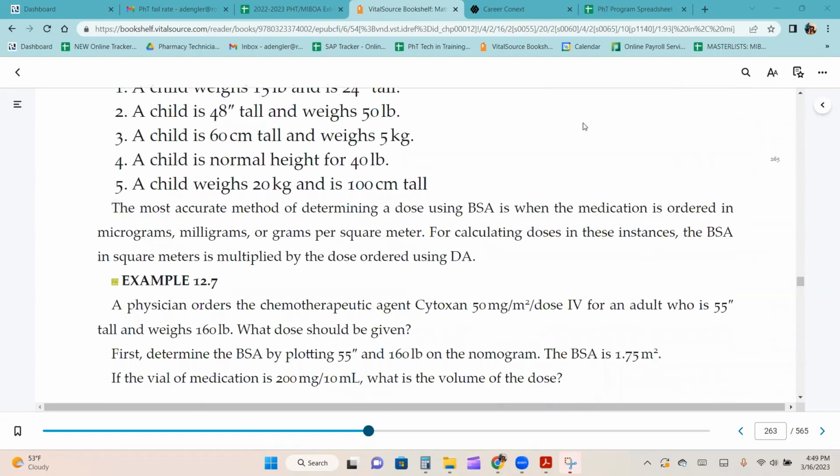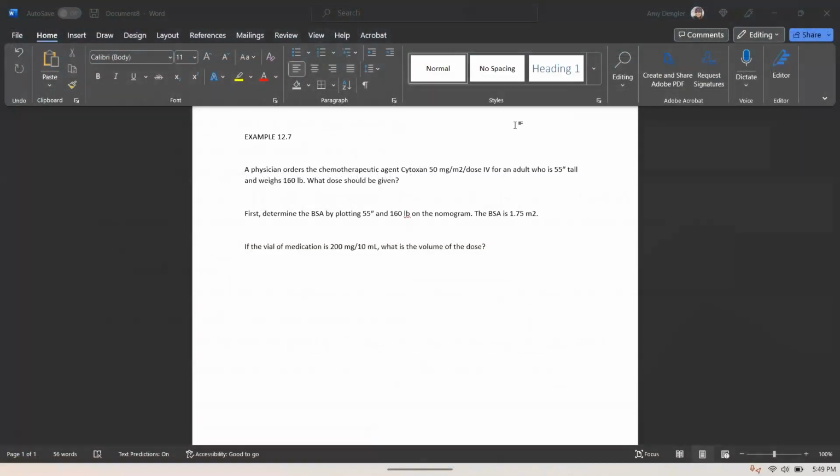All right, so let's do example 12.7. A physician orders the chemotherapeutic agent cytotoxin 50 milligrams per meter squared per dose IV for an adult who's 55 inches tall and weighs 160 pounds. What dose should be given? First, we need to plot the BSA using the nomogram, 55 inches and 160 pounds. But the answer's already done that for us, so we don't need to do that.